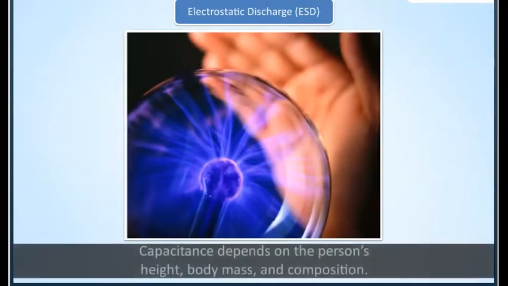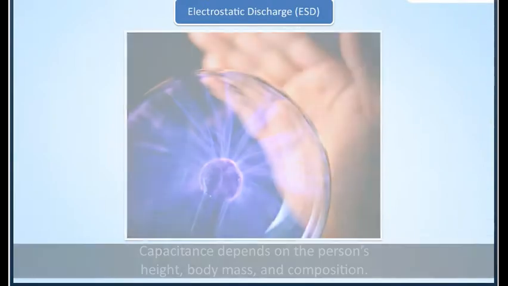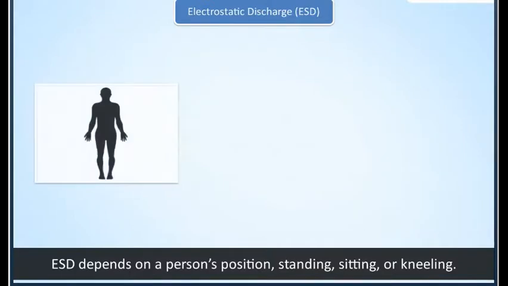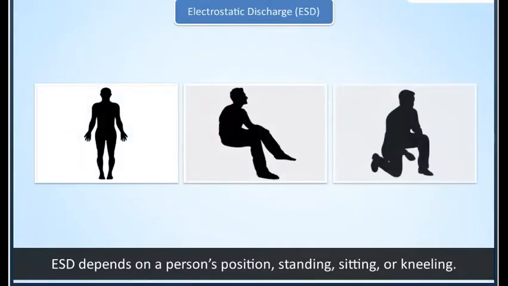In the case of a human body, the capacitance varies from person to person depending on the person's height, body mass, and composition. It also varies depending on the person's position, standing, sitting, or kneeling.